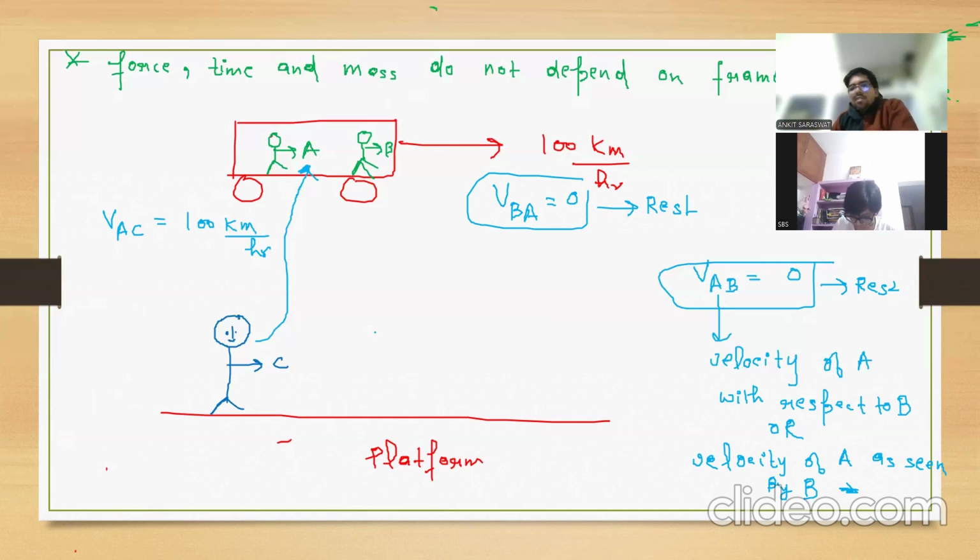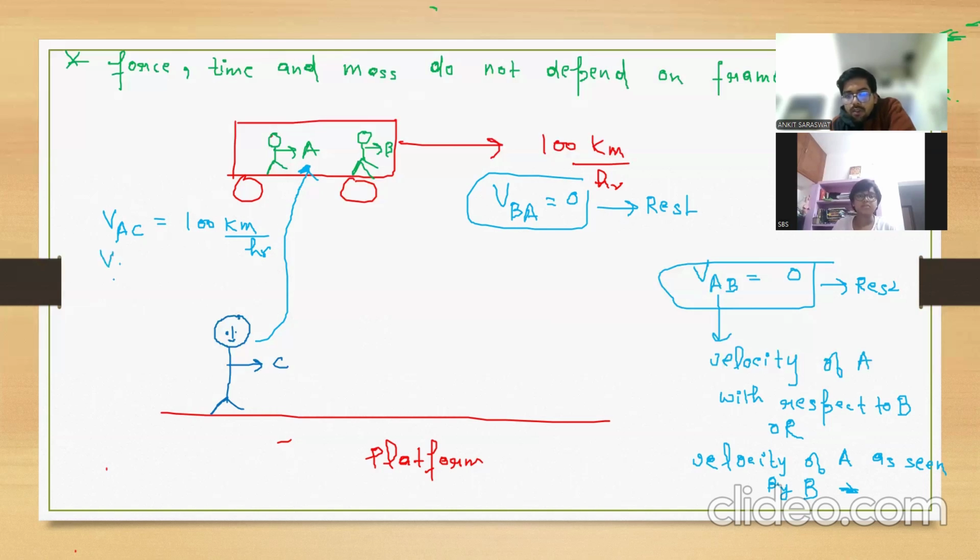For C, its frame is the platform. Clear? So frame of reference is either the name of a location where the observer is standing, or the name of an observer. I am saying here velocity of A with respect to C. Observer C is standing on the platform.